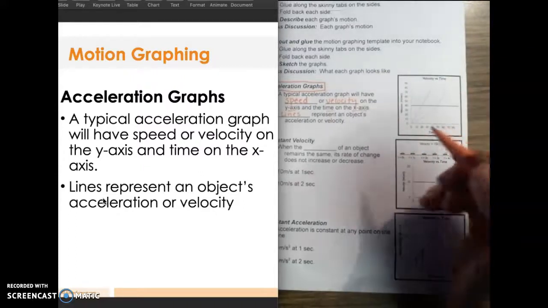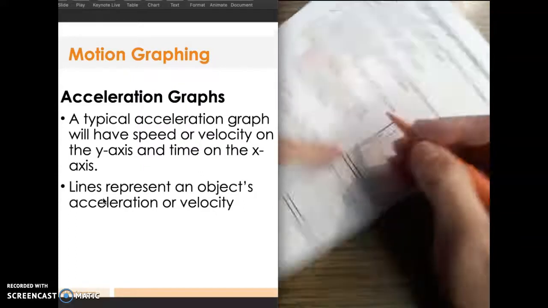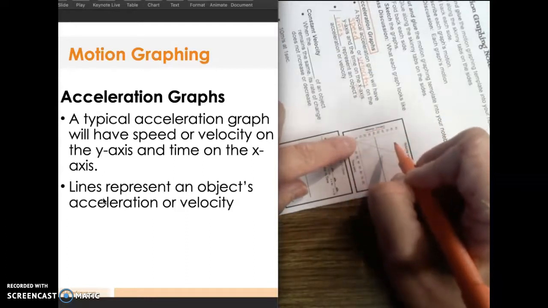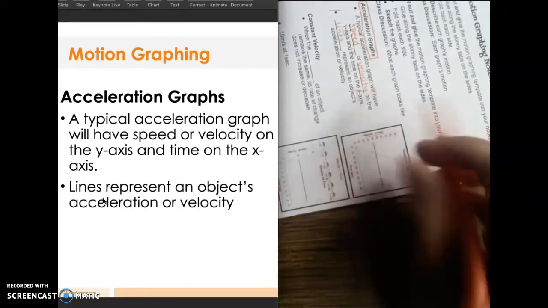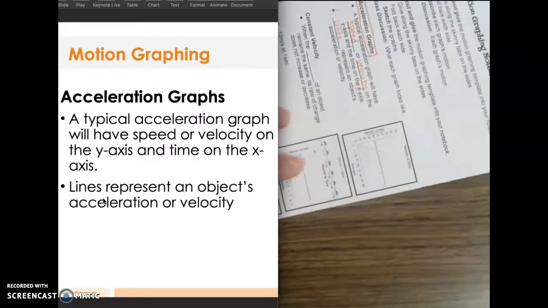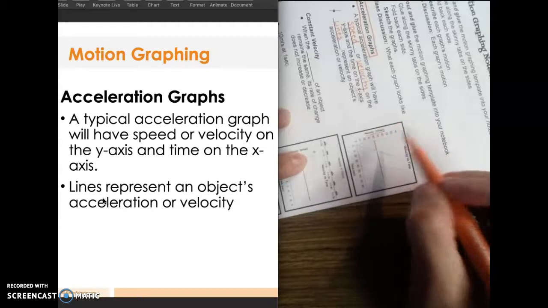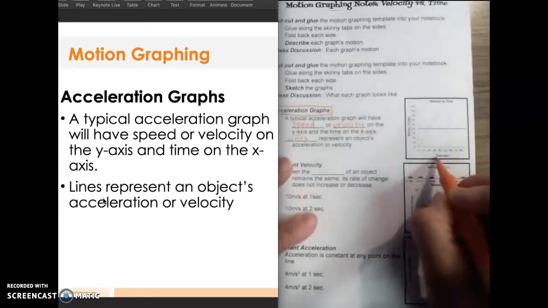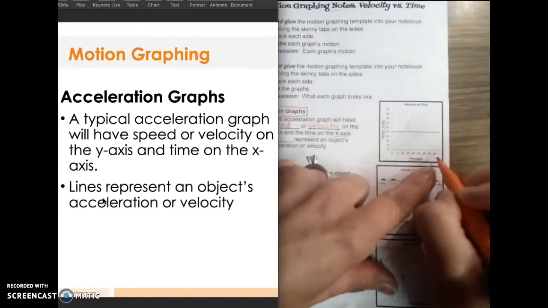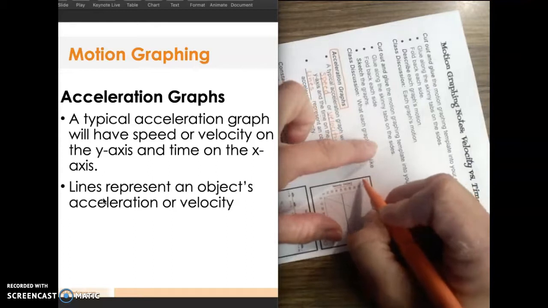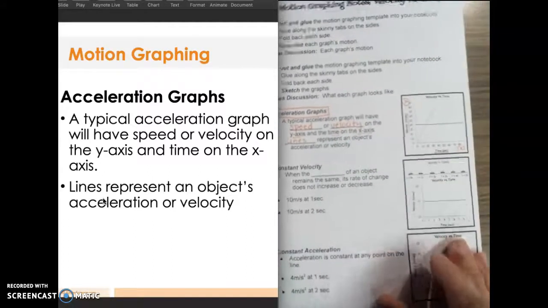As you can see, right here we have velocity, and I believe that is reading in meters per second. So that would be a speed unit, meters per second. And then time is right here on the x-axis. So I'm going to mark, this is our x, and this is our y over here.